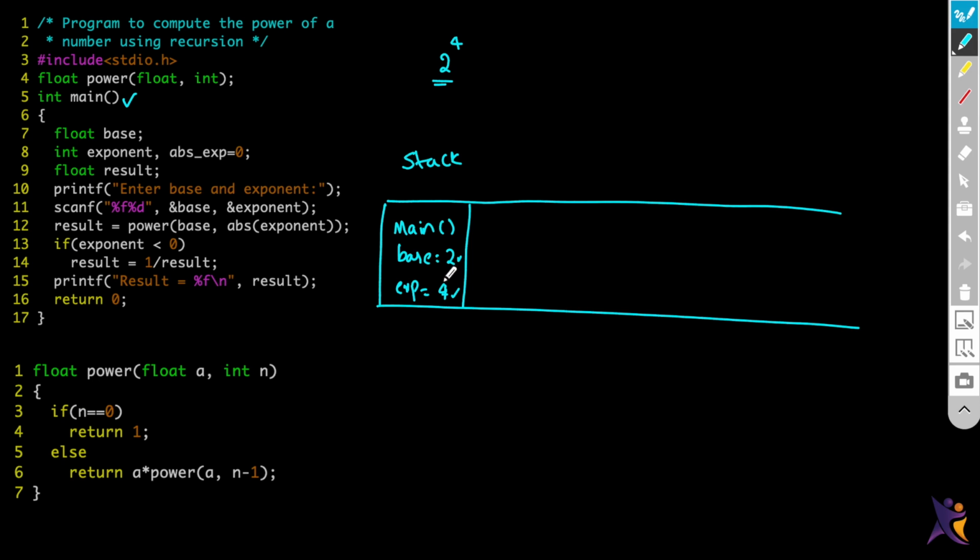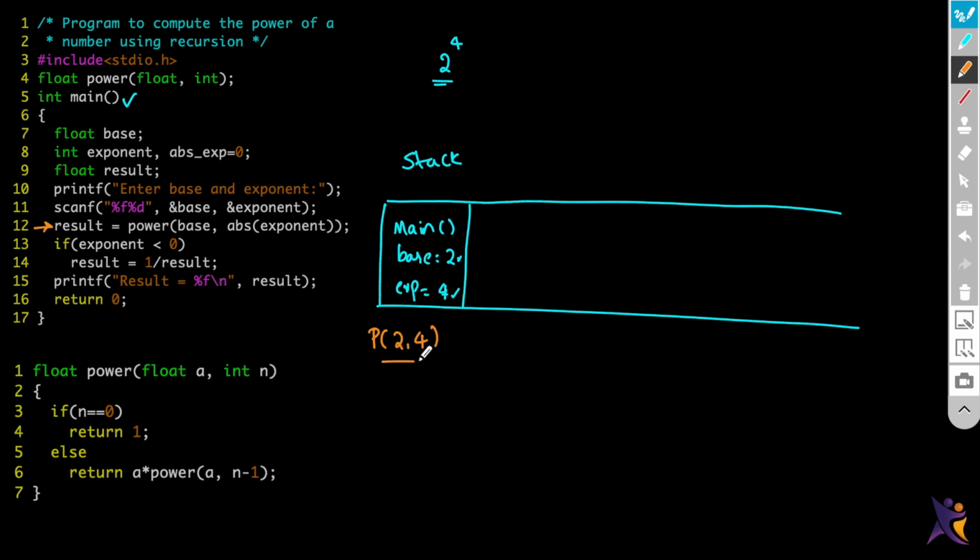And in this function I have result is equal to power of base comma exponent, so I have power of 2 comma 4. This instruction is also in the main function, correct?